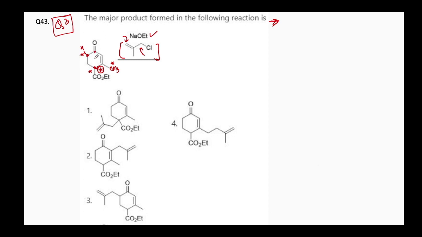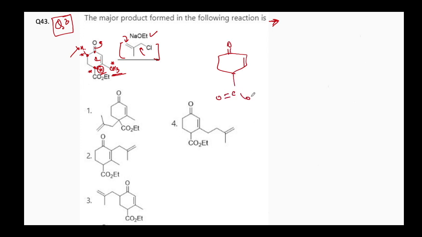If it was a simple ketone, you would remove this proton first, but this is a substituted, conjugated ketone. So you cannot say that this hydrogen is more acidic, not at all. This hydrogen is less acidic than this hydrogen, and this one is definitely less acidic because it's a methyl group.